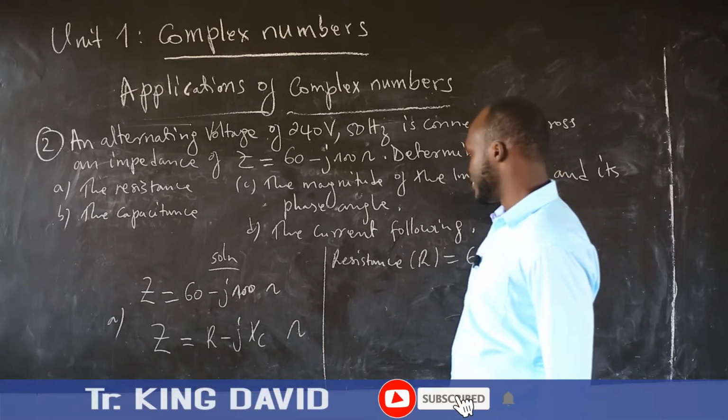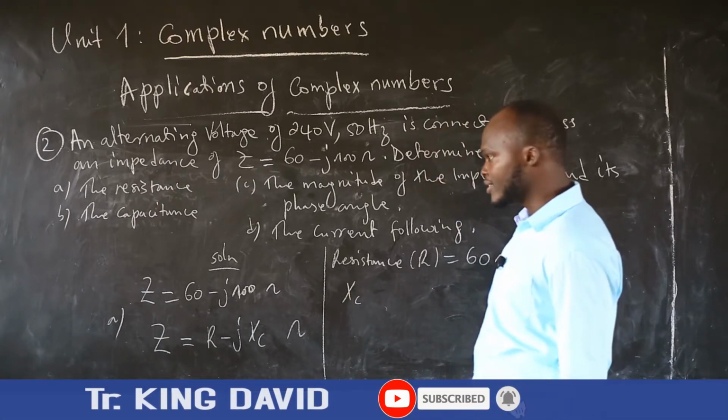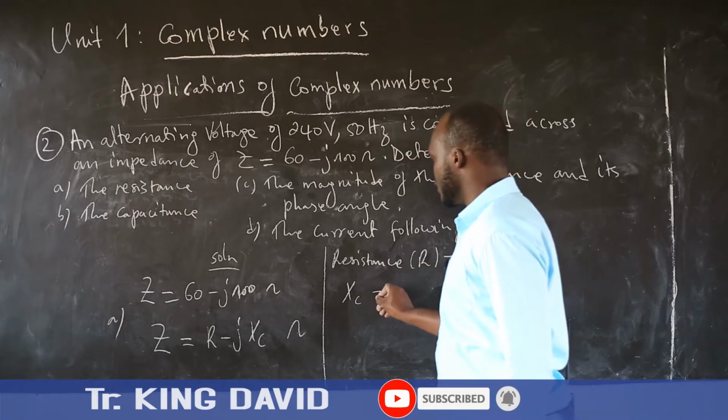B, capacitance. So XC, which is the capacitive reactance, equals 100 ohm.